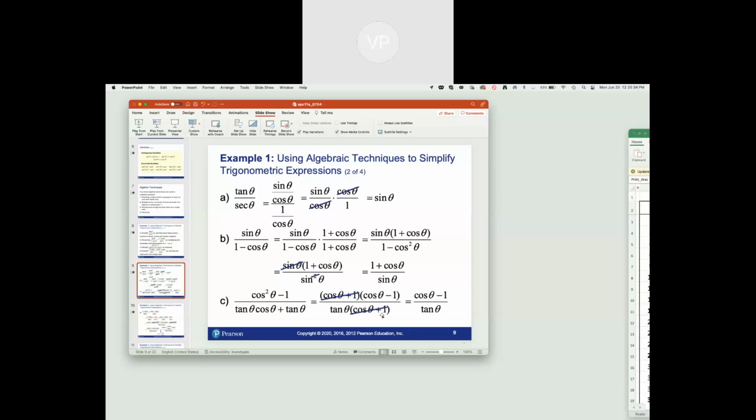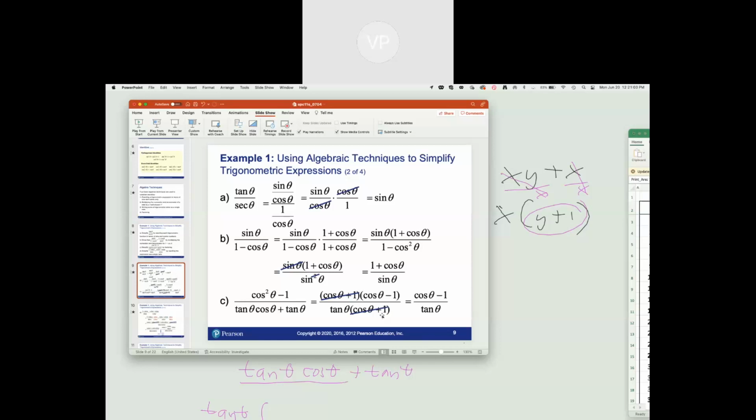It's similar to, let me give you another one here. It's like if I was to factor an x out of here, I'd get a y plus 1. And the reason is when you factor something out, it's essentially like dividing it away. And that's how I get the y plus 1 left inside. For this tangent theta cosine theta plus tangent theta, I'm going to see that there's a common tangent.